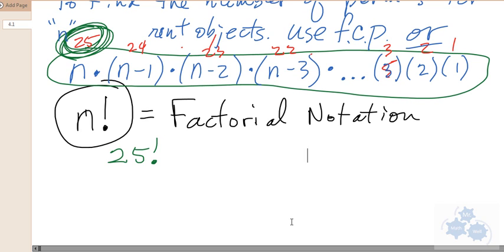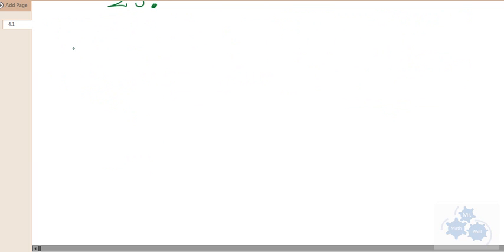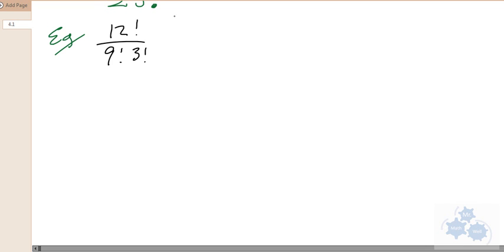All right. Now, I'm going to do a couple examples here using factorial notation. So let's try and evaluate this right here. Write this down: 12 factorial divided by 9 factorial times 3 factorial. Now you know what this means, right?